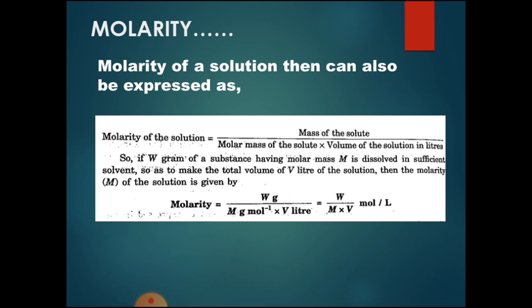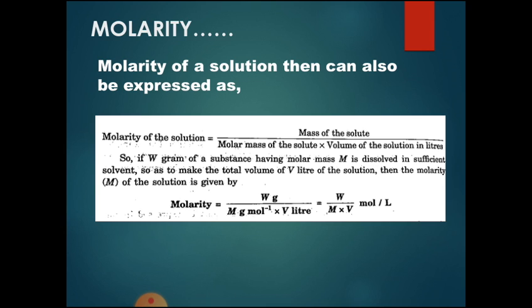Suppose we take W gram of a substance having molar mass M, dissolved in sufficient solvent to make the total volume V liter of the solution, then the molarity of the solution is given by substituting the values: mass of solute W gram, divided by molar mass M gram per mole, into volume in liter.